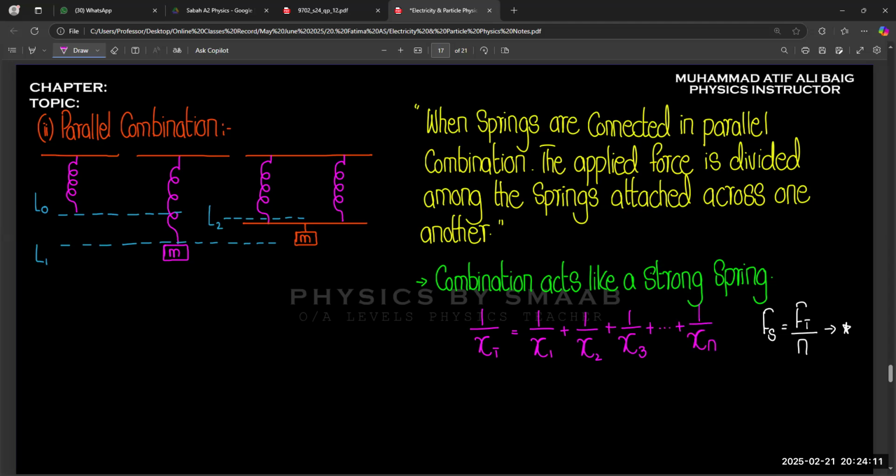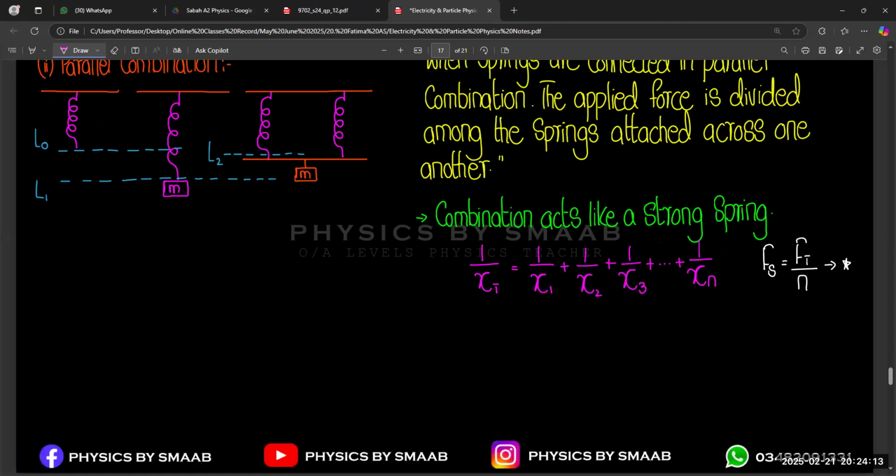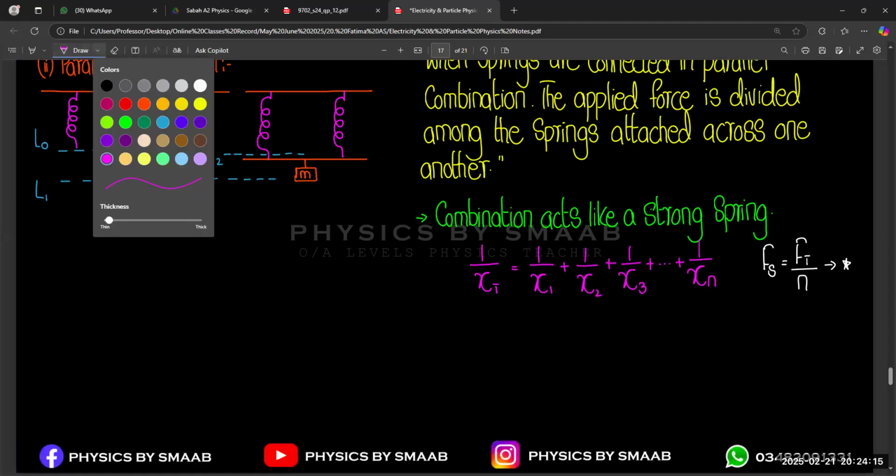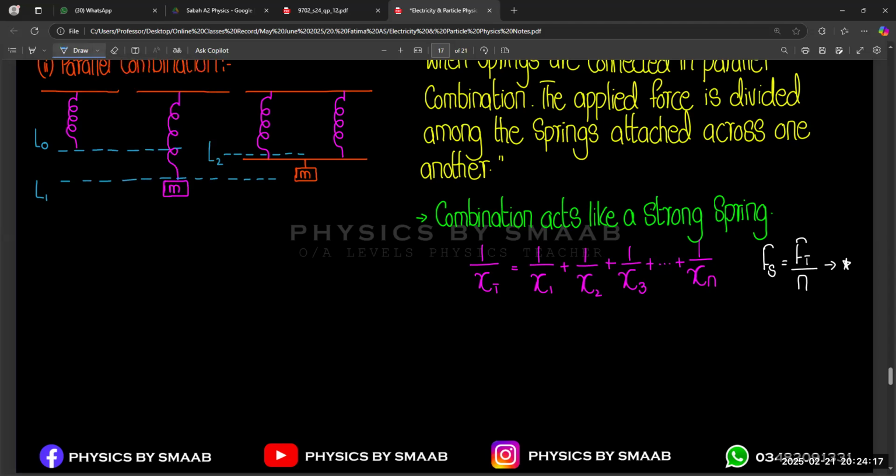So this time the equation shuffles, and if we talk about the combination of the value of k, the value of k will be greater this time.